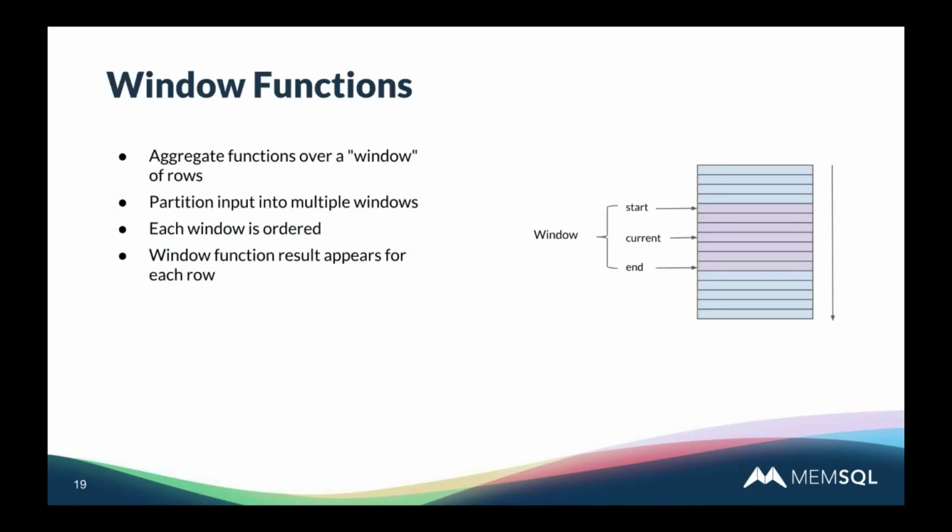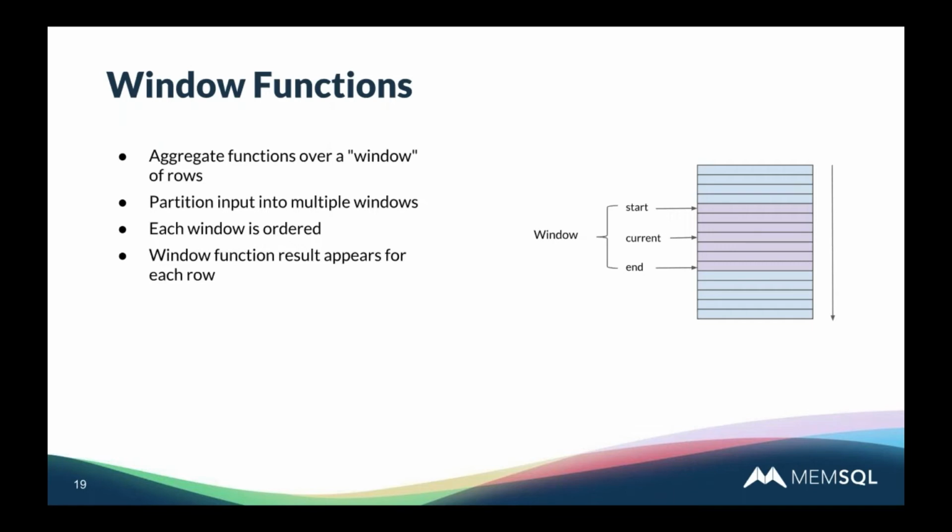So window functions allow you to aggregate data over a window of rows. The way they work is you specify that you're partitioning your input set of rows by a partition key, and then within each partition you will have an ordering or sort order, and the window functions compute a result for each row within a partition, so the window function result depends on the order of the rows within that partition.